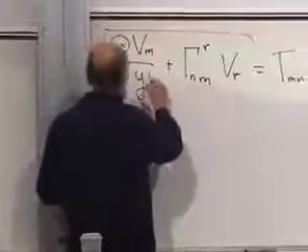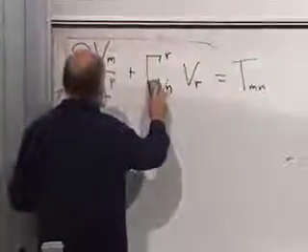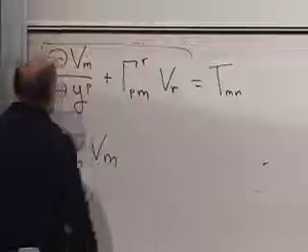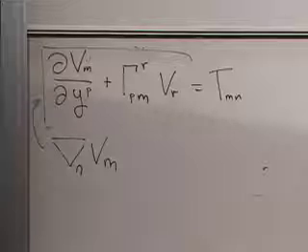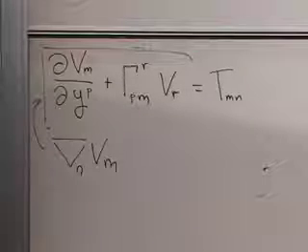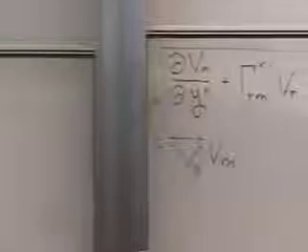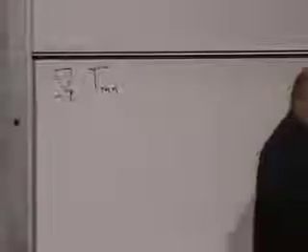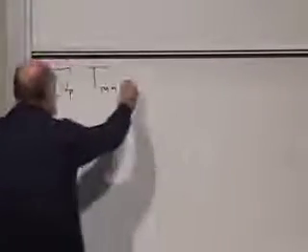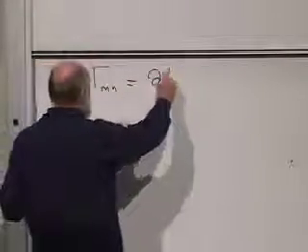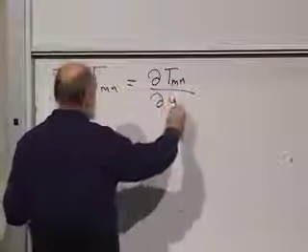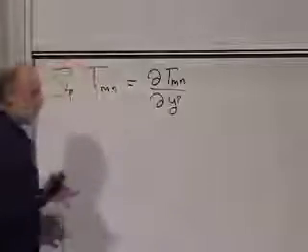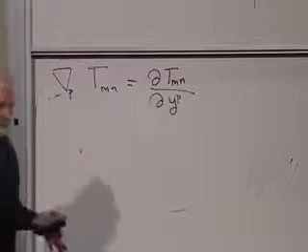I want to call this P. So I have Tmn and I want to take its covariant derivative with respect to yp. Again, it starts out with the ordinary derivative, derivative of Tmn with respect to yp. It starts out with just the ordinary derivative.